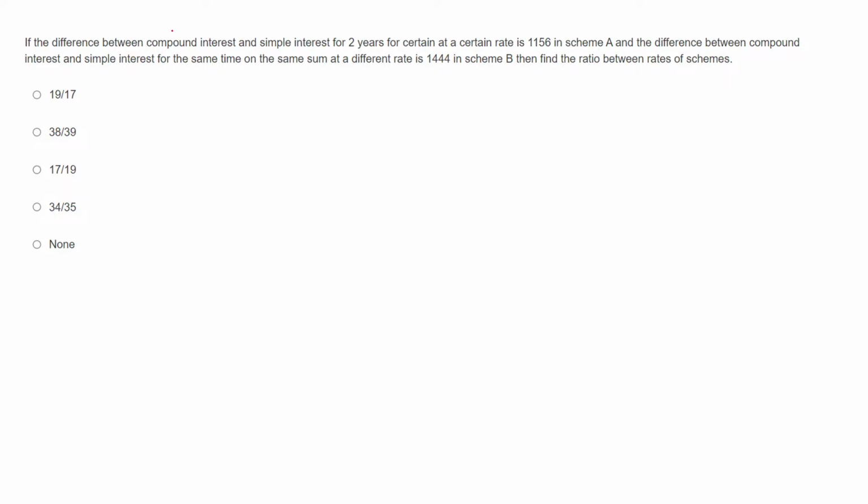Okay, so the formula for simple interest is PTR by 100, where P is the principal amount, that means what you have taken actually, T is the time period, and R is the rate of interest here. SI is the interest you have to pay if you have taken in terms of SI.